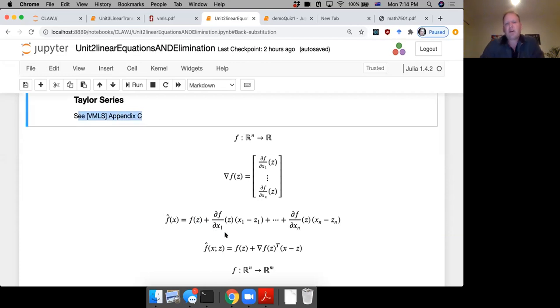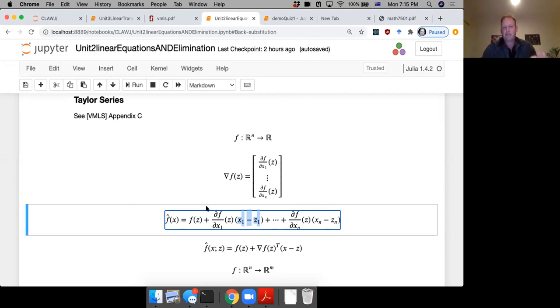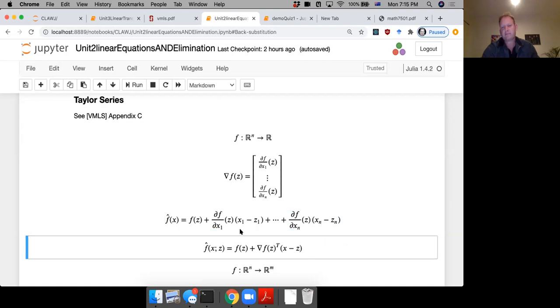What you're going to do is say it's going to be the partial derivative of this function with respect to x1 at the point z times the difference between the first coordinate of x and the first coordinate of z, plus the partial derivative with respect to the second coordinate times that difference, etc., up to the last one. Now, the nice thing is we already know about inner products.